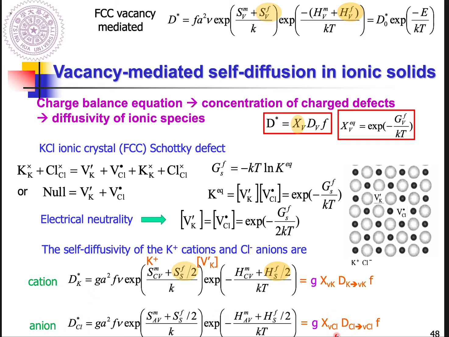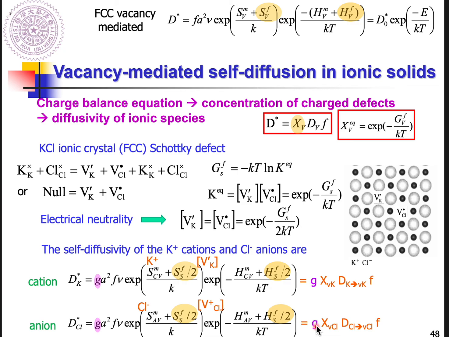You need to write down the vacancy fraction for Cl. Cl is the Schottky defect formation energy divided by 2kT, so we also separate them into entropy and enthalpy terms. And the diffusivity of these chloride ions diffusing through vacancy VCl involves a vacancy migration energy term, and the A is the anion diffusing through the vacancy, and also you put a G here.